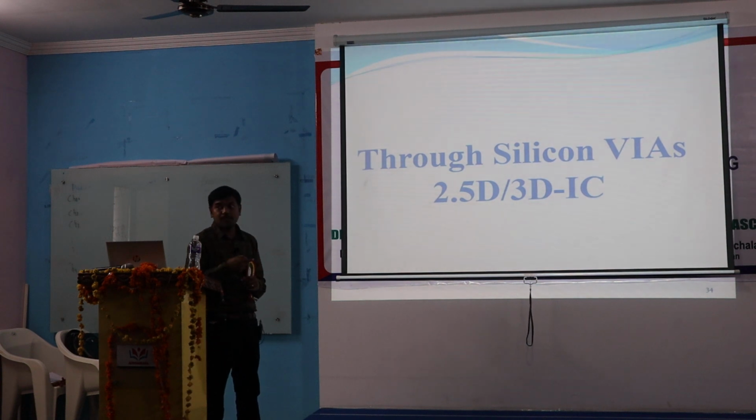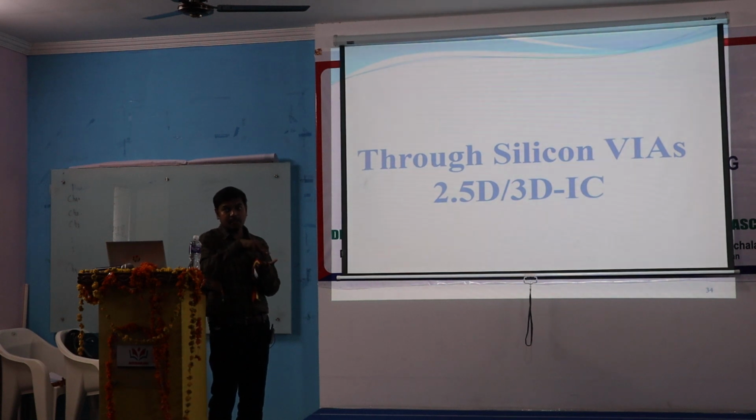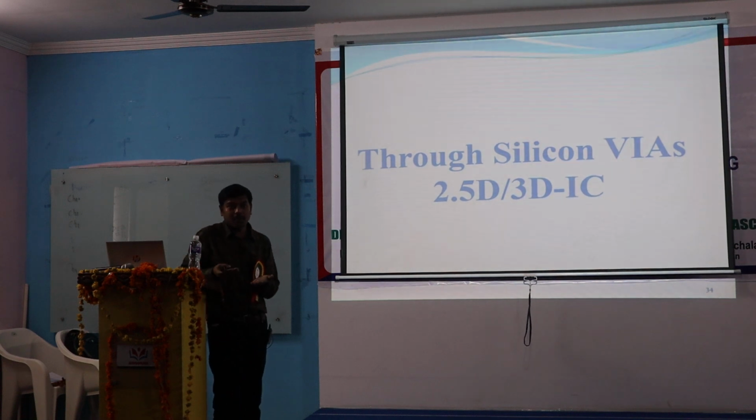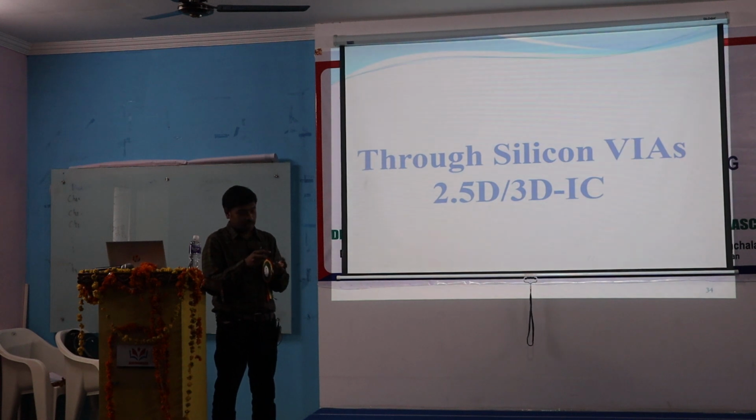All the ICs we are currently using are two-dimensional ICs, meaning planar ICs. Planar IC means you are taking a sheet and placing the processors on the same plane. If you are working with a quad-core processor, a processor with 4 cores, so 1, 2, 3, 4, all 4 cores you are placing on the same plane.